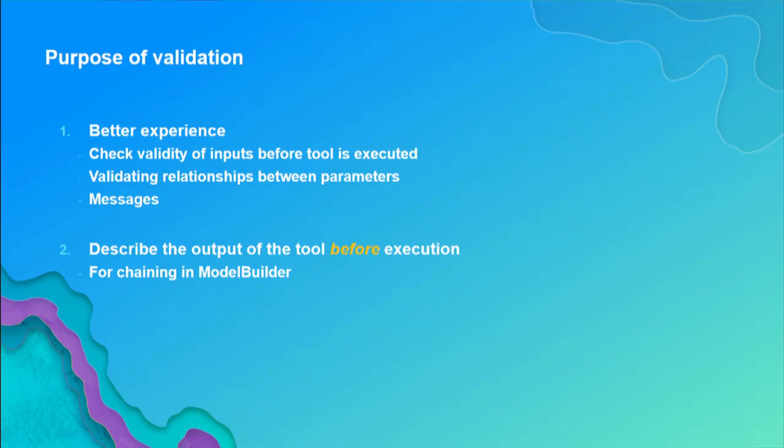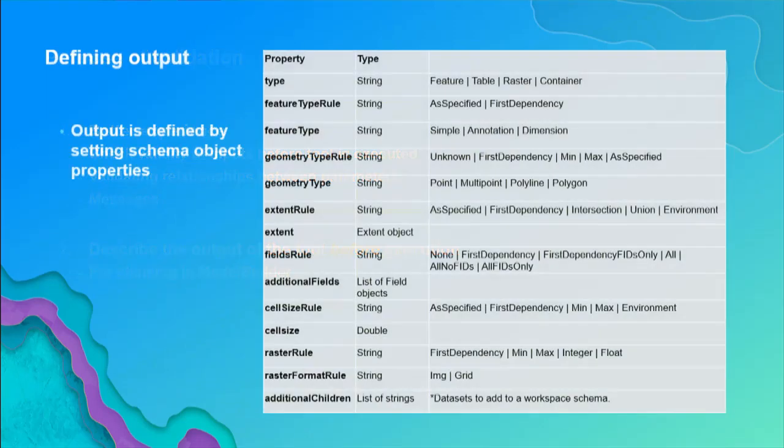You can fine tune and improve the experience of how that tool works, checking relationships, doing extra checks to test if something is valid or not. But there's also this model builder case, where you can get your tool to work properly in model builder. So this is like this giant table, but I just want to splash this up. We'll get into this in a couple minutes.